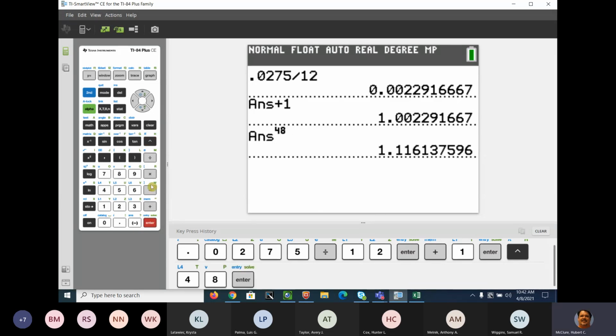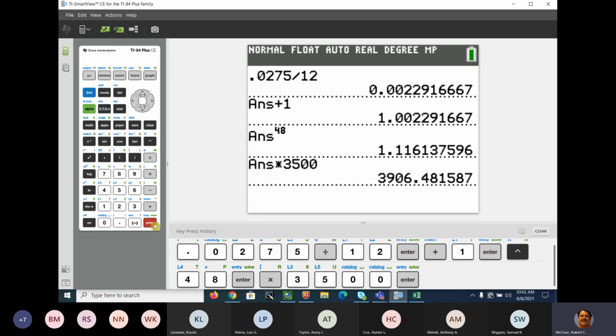And multiply that by 3,500. So at the end of 4 years, you will have 3906.48. So instead of earning $401, you've earned $406.